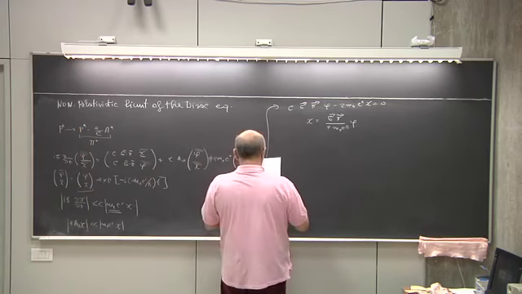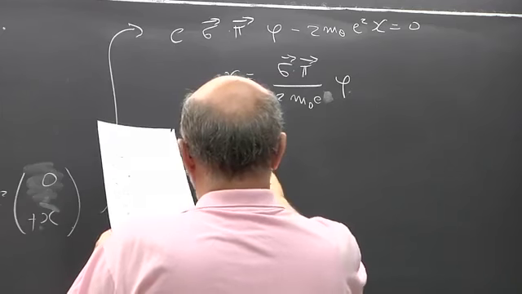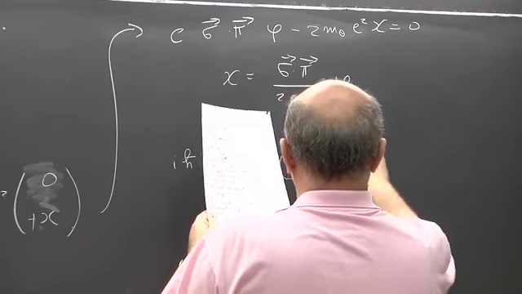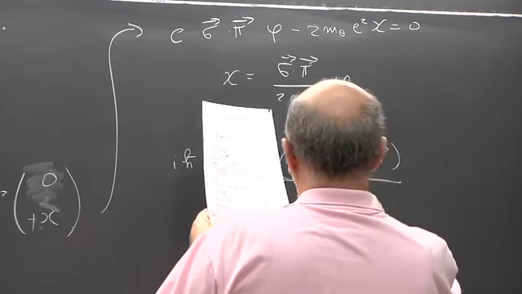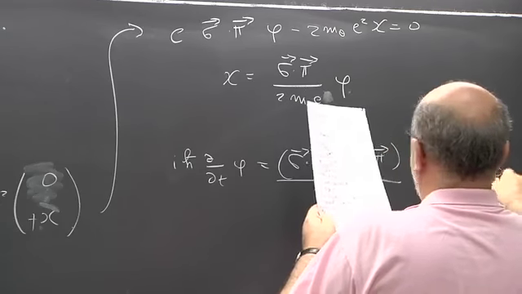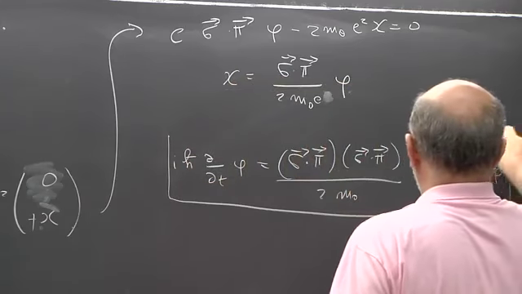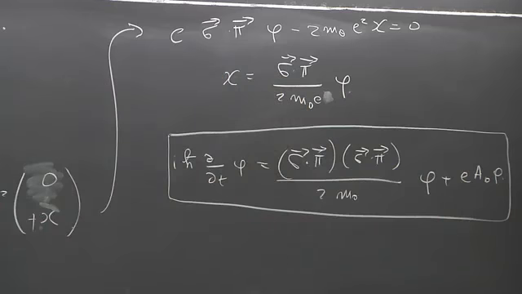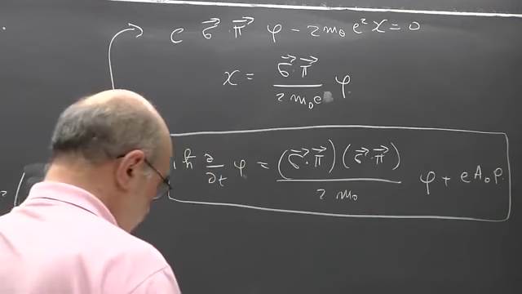What we will get is i h d dt phi equal sigma dot pi over 2m0 phi plus e A0 phi. So basically in the non-relativistic limit, we have reduced the Dirac four-dimensional equation to a two-dimensional equation because this object has two components only.